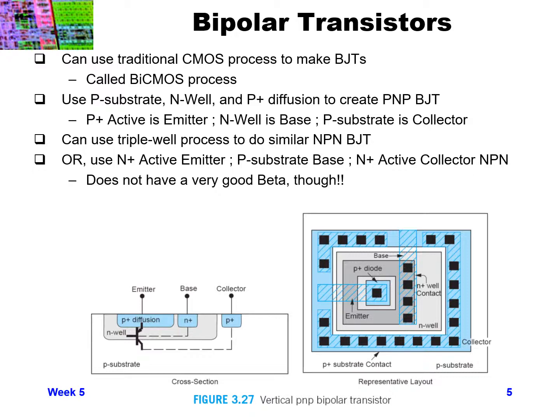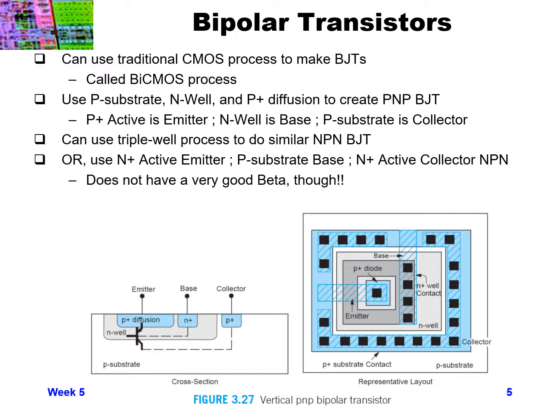So the P plus diffusion is the emitter, the N well is the base, and we use our well connection, or N plus in the base, as our base connection. And then the P substrate is the collector for a PNP transistor. And so that's the way you can create a PNP transistor.